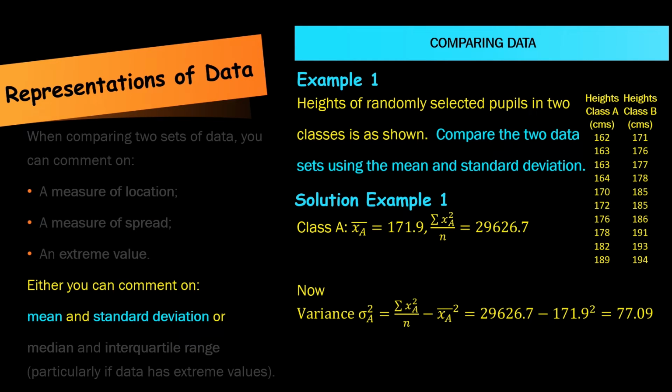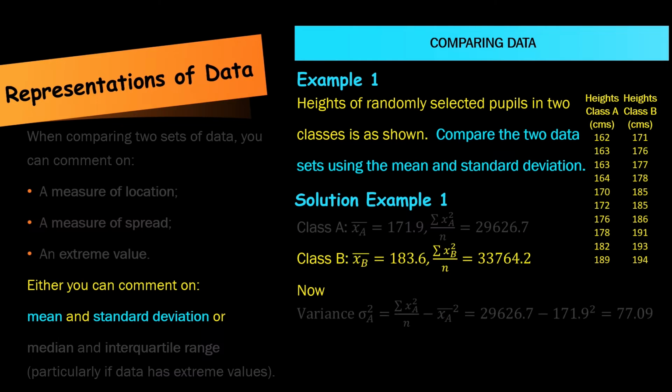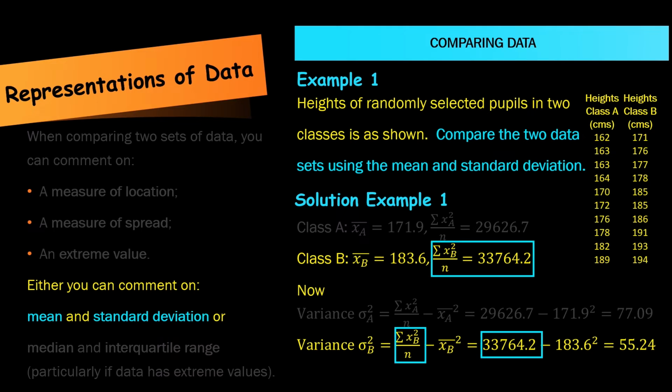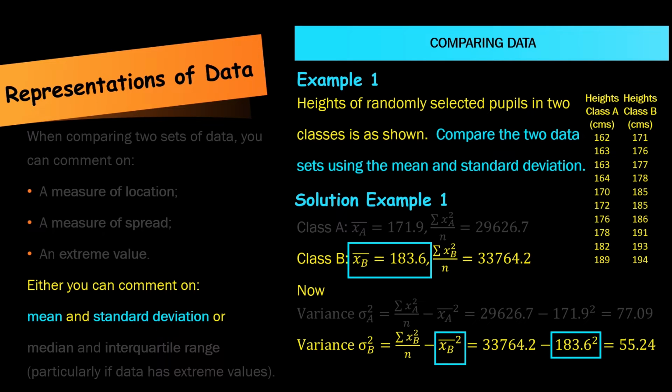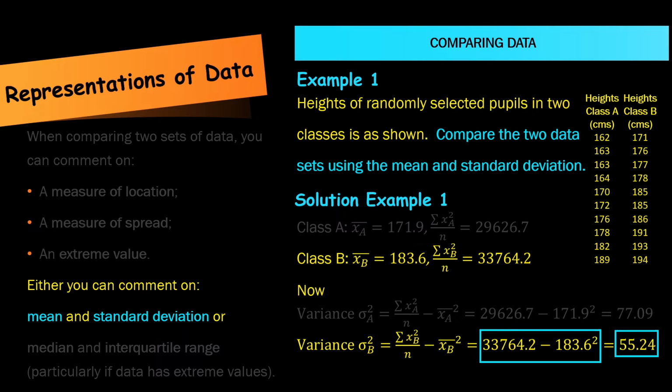So the variance can now be found using our formula. Sum x squared over n minus x bar squared to give 77.09 for class A. And for class B, similarly, sum x squared over n minus x bar squared gives 55.24.